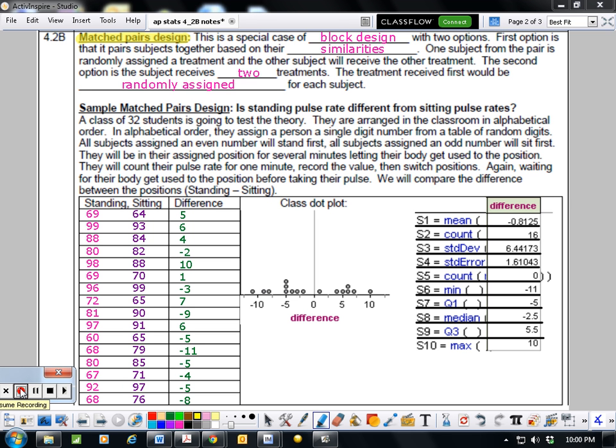Okay, so our next one is the matched pairs, and the name is very creative. Okay, no, it's not. I'm just being sarcastic. Matched pairs is really how it sounds. I try to match similar things up together, paired up, so that way I have people that are the same age, same body type, same maybe family medical history.